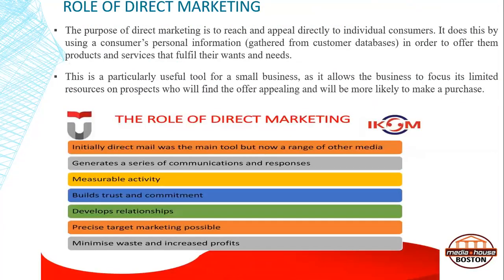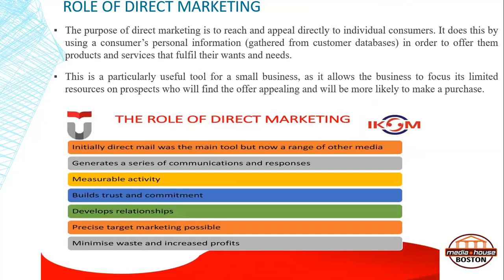And what is the role of direct marketing as a marketing communication tool? The purpose of direct marketing is to reach and appeal directly to individual consumers. It does this by using consumers' personal information gathered from a customer database in order to offer them products and services that fulfill their wants and needs.